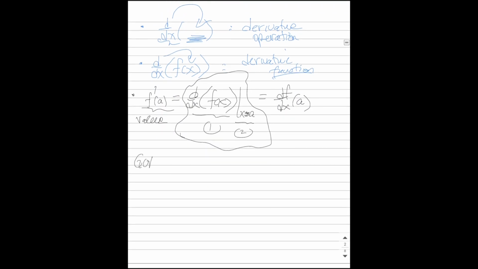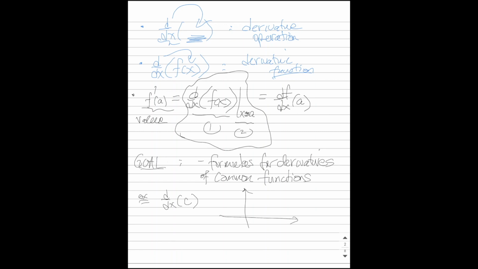We would like to come up with formulas for the derivatives of common functions. These are the functions that you've seen in pre-calculus class, functions that we are going to use over and over and over again. So for example, we have talked about constant functions. You could interpret a constant function as a flat line, a horizontal line, and you could interpret the derivative as the slope.